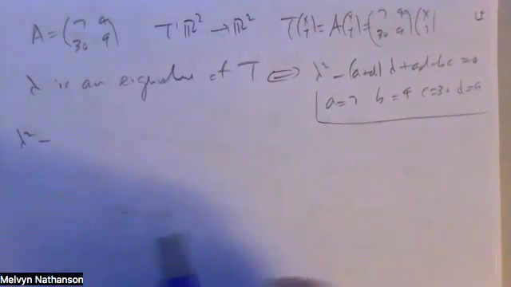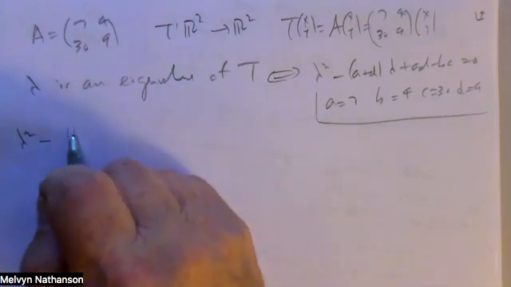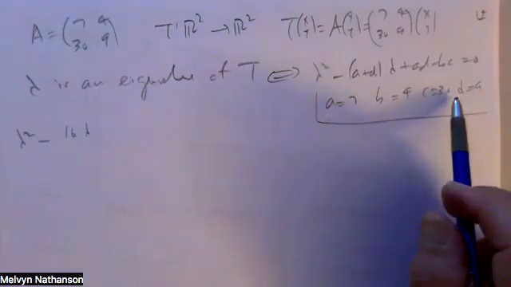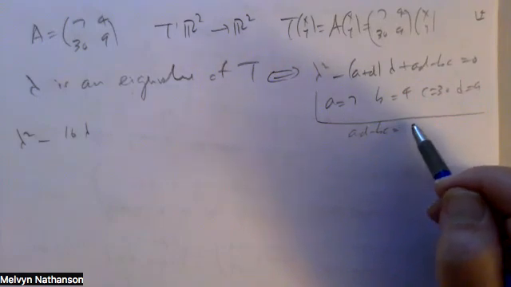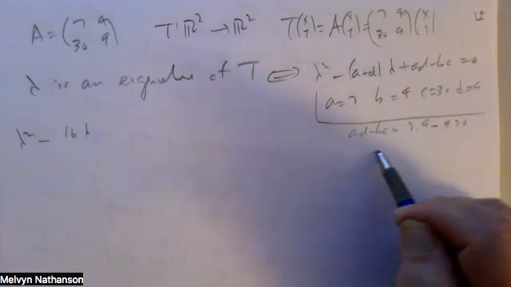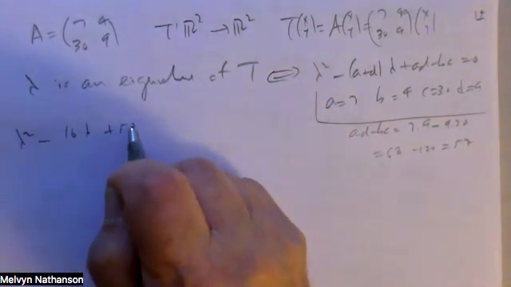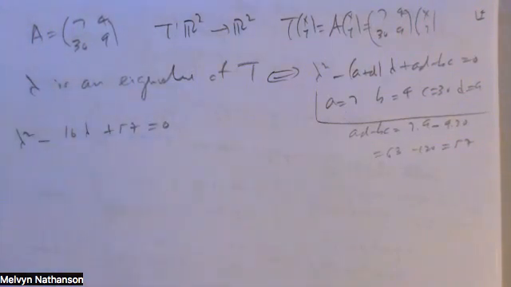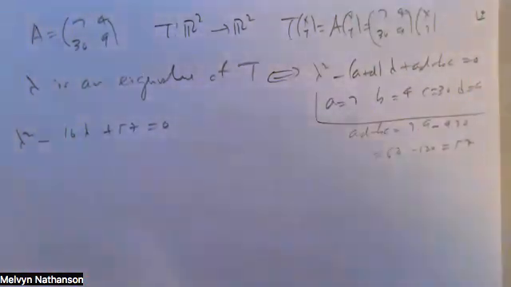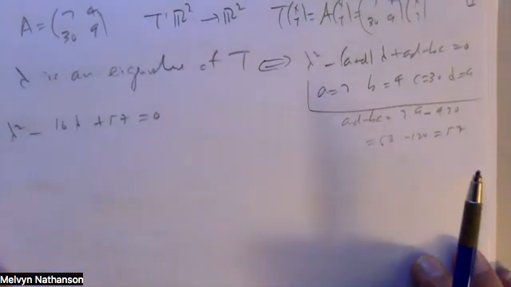So this equation is lambda squared minus (a plus d, 7 plus 9 is 16) lambda plus ad minus bc, which is 7 times 9 minus 4 times 30, 63 minus 120, is minus 57. Let me check this. a plus d is 16.